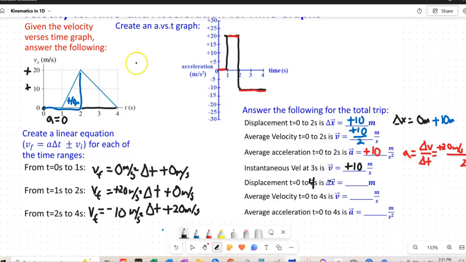So this guy's area is going to be positive 20. And so to get that displacement from 0 to 4 seconds, and I should put meters there, we're going to take the positive 10 meters plus the positive 20 meters. So that is going to be 30.